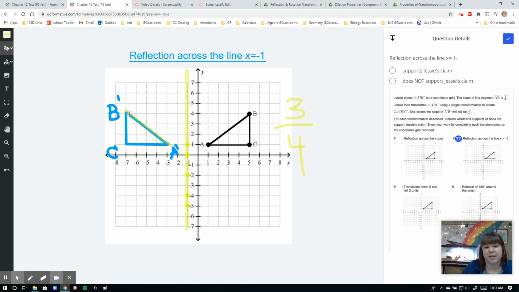But it's not, because it's going downward. It goes down 3, so it'd be -3, and it goes over 4 from left to right. So these two slopes are not the same, and no, it does not support Jesse's claim.